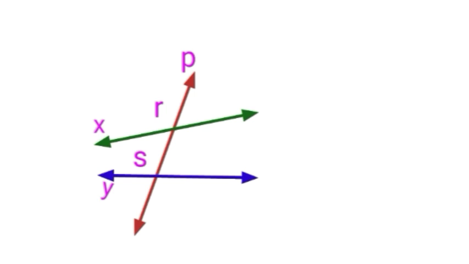Now, look at the angles made by the transversal line P in the given figure. How many angles have been made? Four angles have been made by the transversal line at the point R, and another four angles are formed at the point S. What angles are formed when a transversal intersects a pair of straight lines?